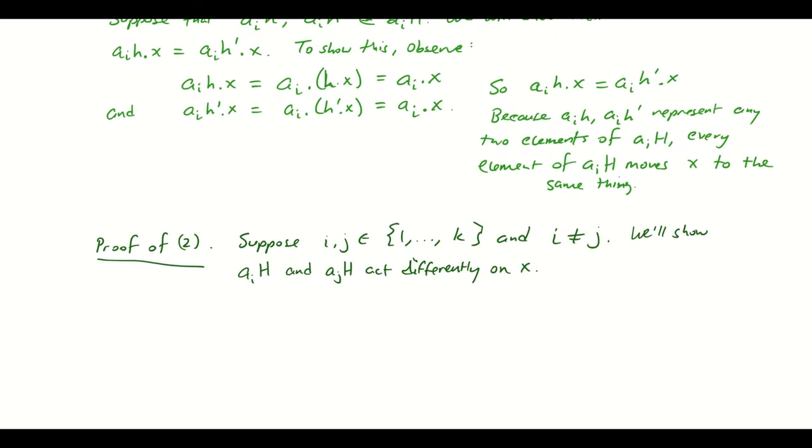Okay, well, first of all, I'm going to do a little useful recasting of this problem because I never know what to do with the fact that i does not equal j. And it's also kind of hard sometimes to show that a_i h and a_j h, that those actions on x are not equal. It's just hard to show that things are not equal sometimes. So instead, I'm going to recast the problem so I get to assume things are equal and then prove that two other things are equal. The way I'll do that is I'm going to prove the contrapositive.